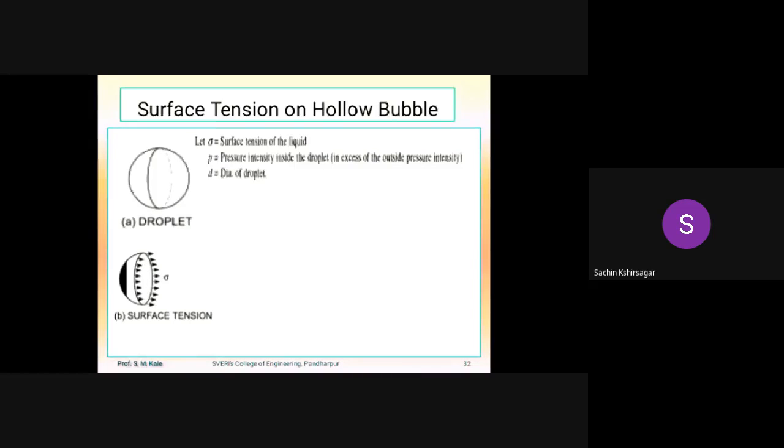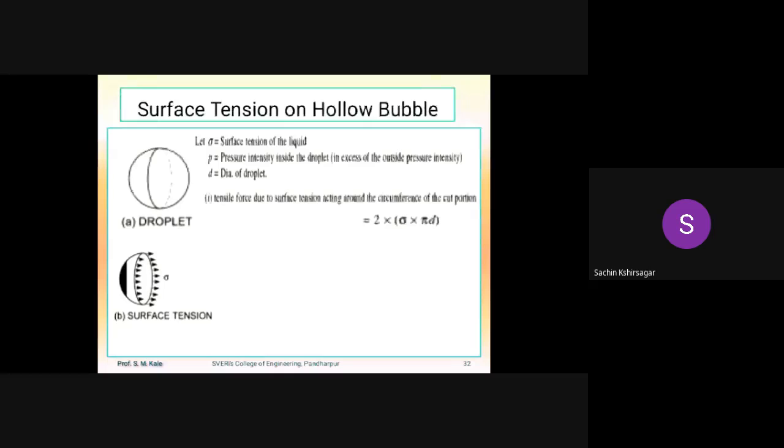We know that whatever surface tension or tensile force is acting, it acts at the interface between two immiscible liquids, that means at the interface between liquid and air. So here the tensile force will be two times that of the tensile force acting in the liquid droplet, because at the outer periphery and at the inner periphery there is a liquid-air interface. So tensile force acting on this hollow bubble will be equal to 2 sigma into pi d, that is nothing but circumference.